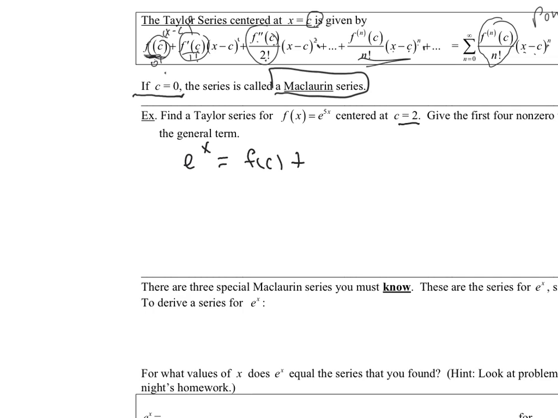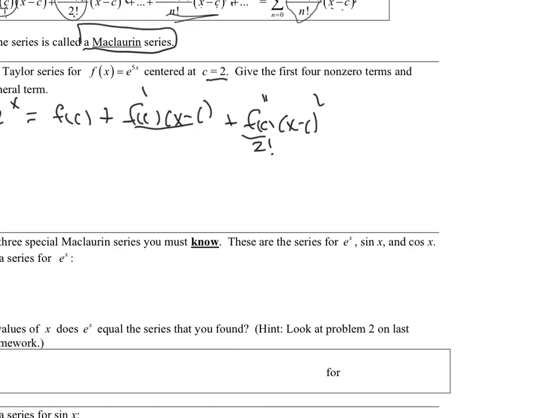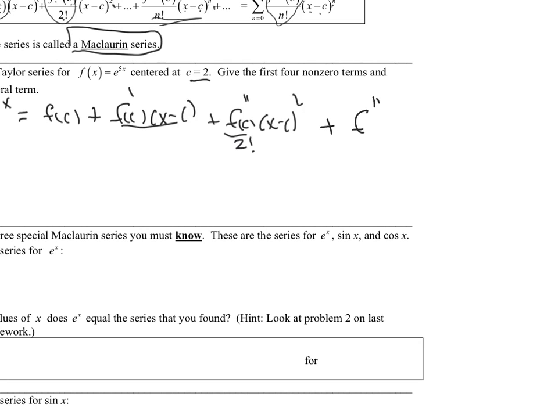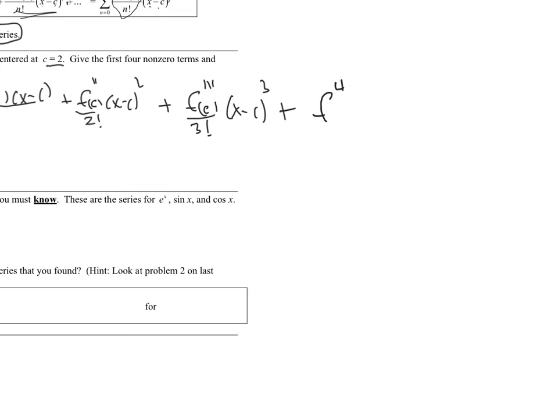Plus f prime of c times x minus c over 1 factorial, plus f double prime at c over 2 factorial x minus c squared, plus f triple prime of c over 3 factorial x minus c cubed, plus the fourth derivative at c over 4 factorial x minus c to the 4th power, plus dot dot dot.